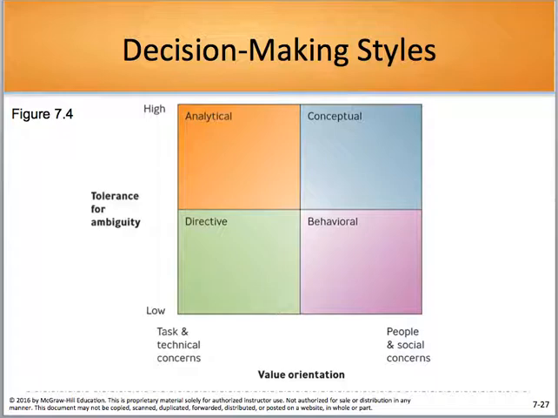So you see here's this nice little chart that gives you a visual of that. Of course, low task and technical concerns usually have a low tolerance for ambiguity, which is a directive decision-making style. If you have a high tolerance for ambiguity and task and technical concerns, then you're more analytical.